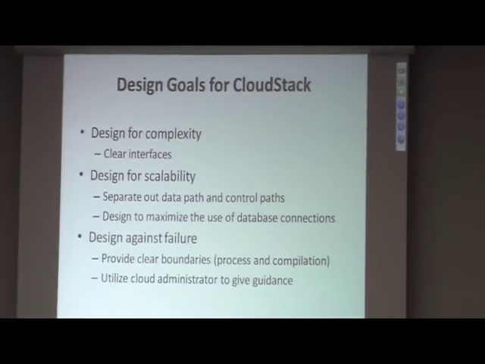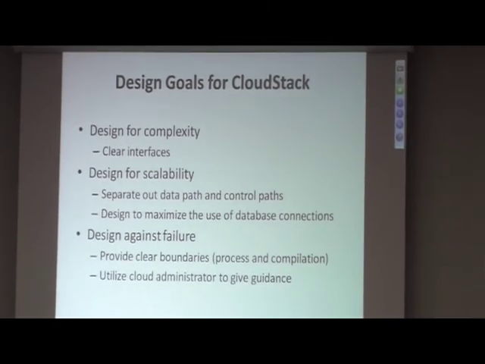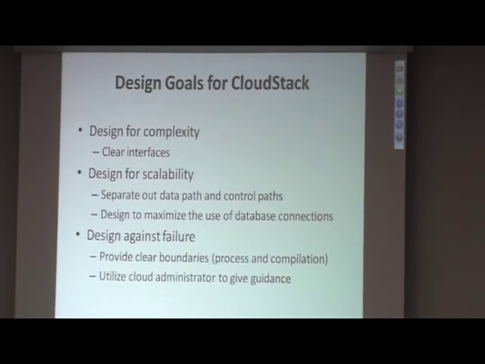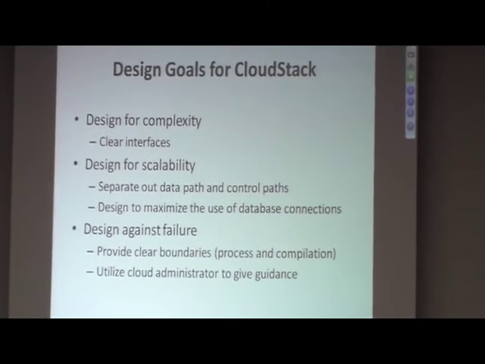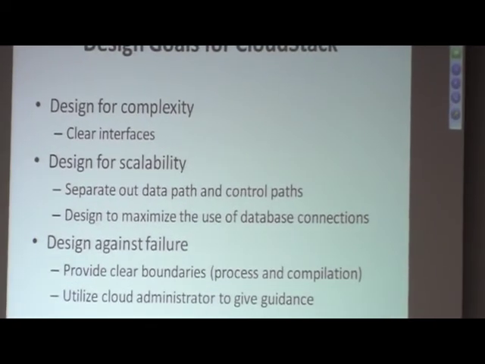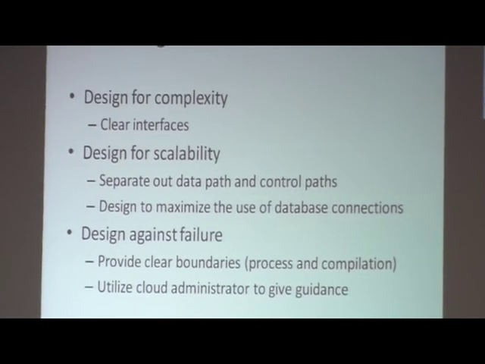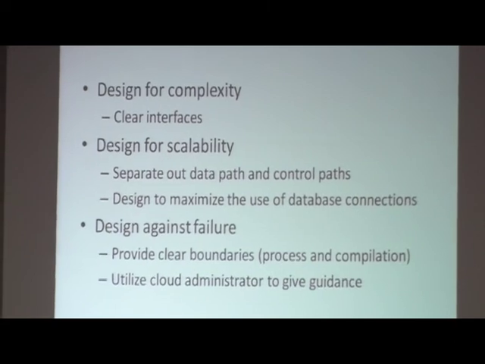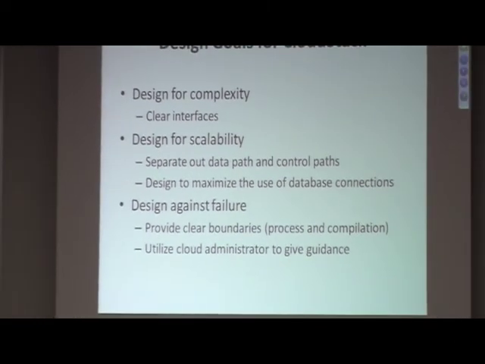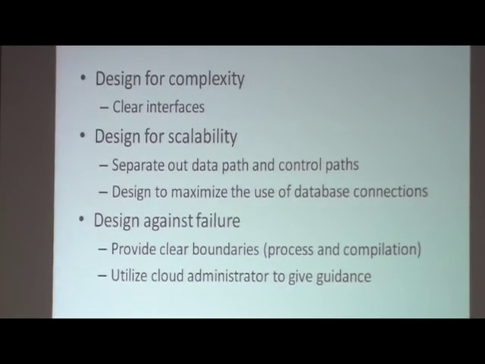So the design goals for CloudStack were that we need to design for the complexity, right? There's control, choice, giving choice to the operator, giving control to the operator, and giving compliance to the operator. We have to design for scalability because the number of resources that we have to deal with is very high, and we do that by separating out the data path and control paths, and by maximizing the use of the database connections.